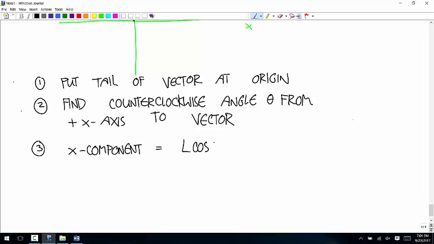So L times the cosine of theta, and the y component is L times the sine of theta. And for now, you can just plug those into your calculator.